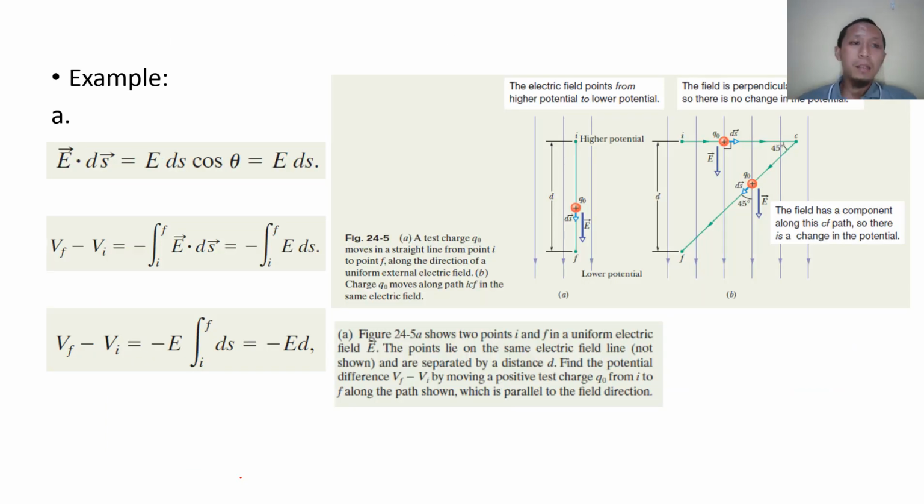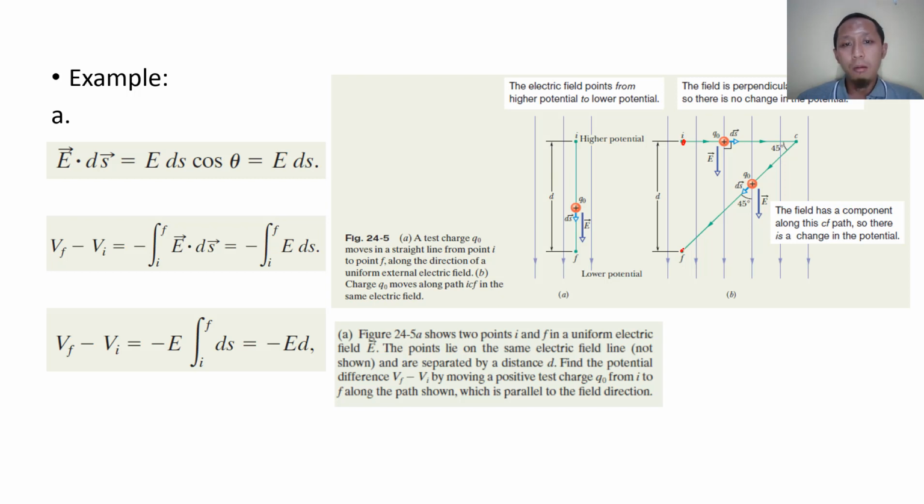And this is the example. Figure 24.5: a test charge of q0 moves in a straight line from a point i here to point f here along the direction of a uniform external electric field.